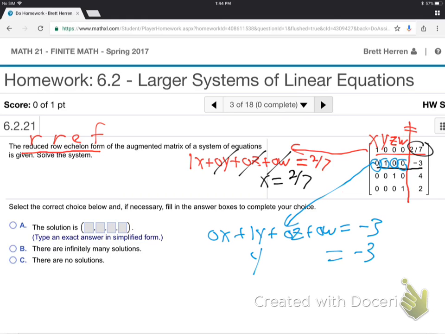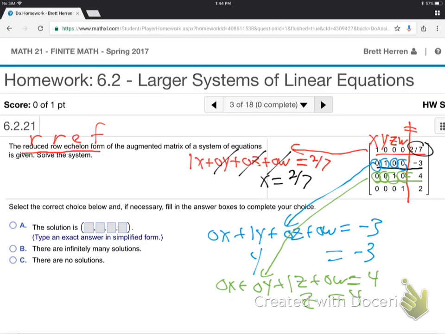Let's try that. You get the third row there? So the third row, right here, would be 0x plus 0y plus 1z plus 0w equals 4. So in other words, it's a fancy way to say z is 4, isn't it?